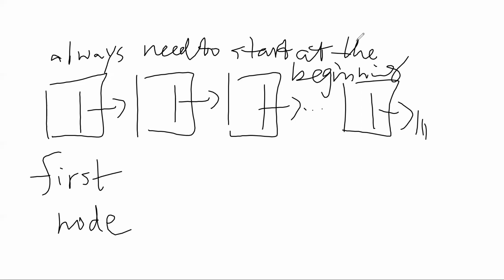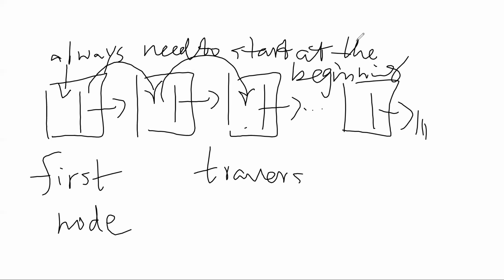Suppose you want to get somewhere here, then the only way is to go to the second and then from the second to the third. This kind of operation, starting from the first and then going to the next, then the next, we call traversing. So just remember this word, traversing, the concept in linked list implementation.